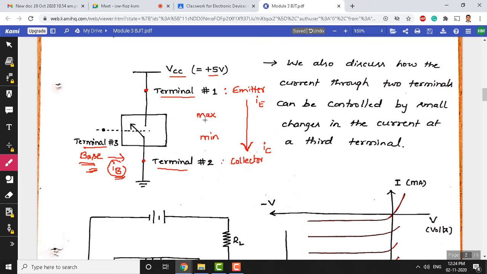Depending upon that, you can have maximum current and minimum current. The more recombination happens in the base region, the less current reaches the collector, and if less recombination happens at the base, you get maximum current reaching the collector. That is how this complete 3 terminal device operates.